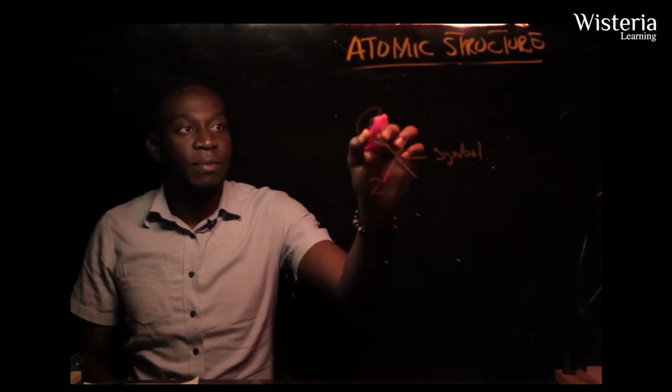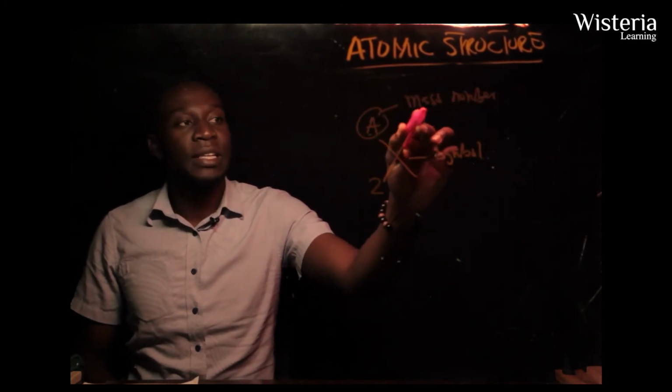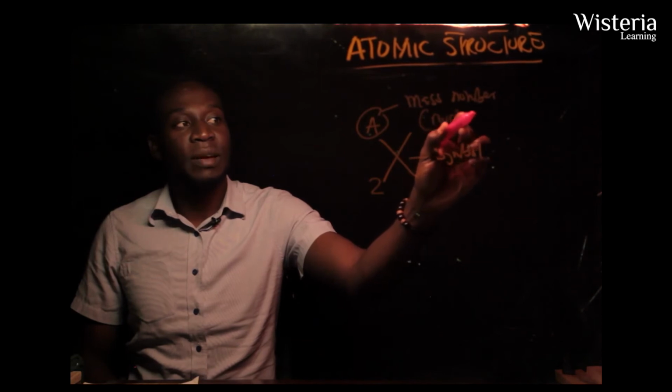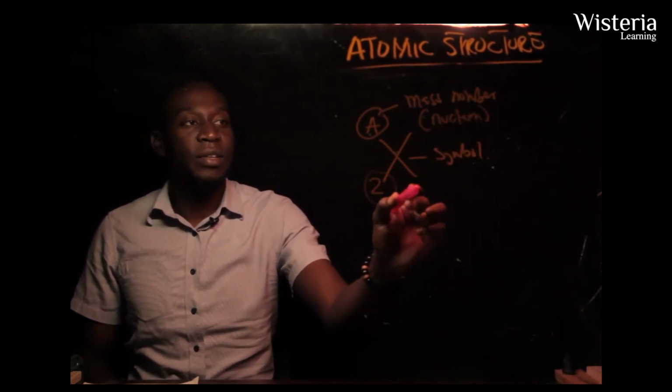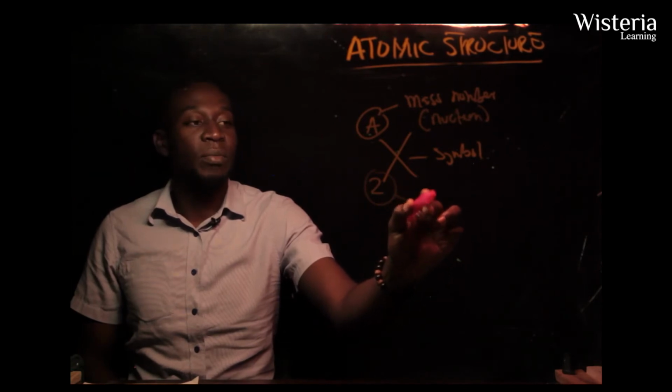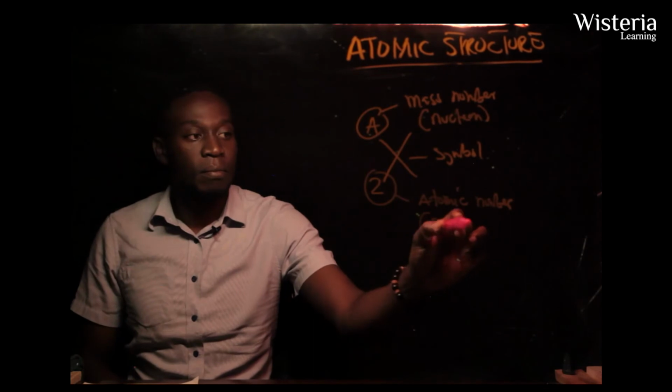So we have the mass number or the atomic mass, or we can call it the neutron number. Then this down here is called the atomic number or the proton number.